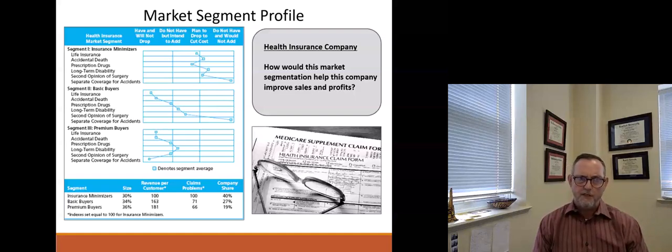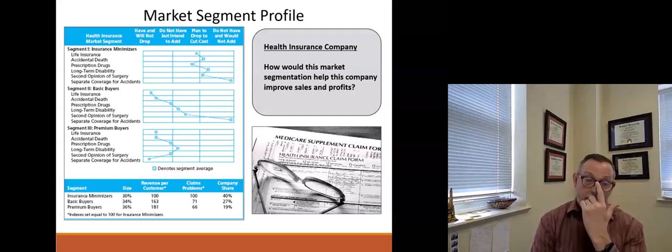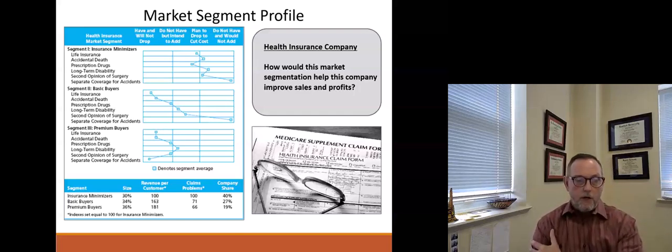The insurance minimizers, though, are very price driven, and they're not very loyal, if you will. They'll skip and move to different carriers if the prices change. What they look to buy will be minimized. I mean, that's why they're called that.